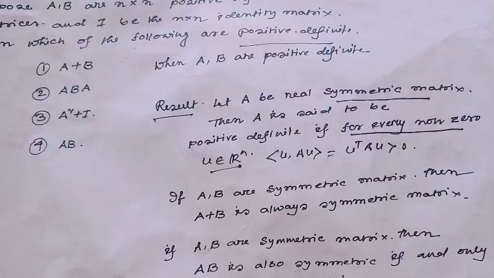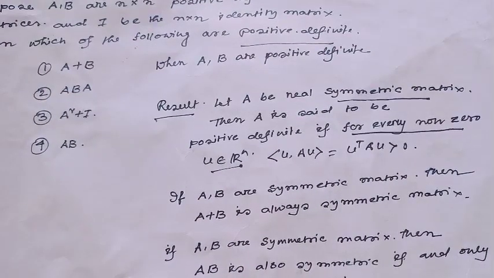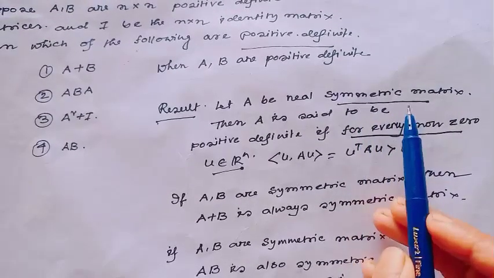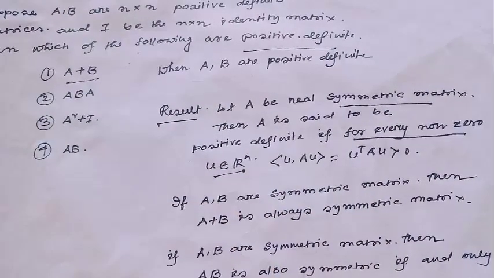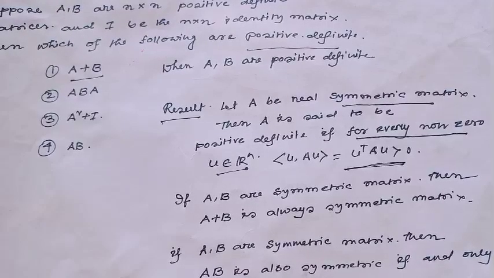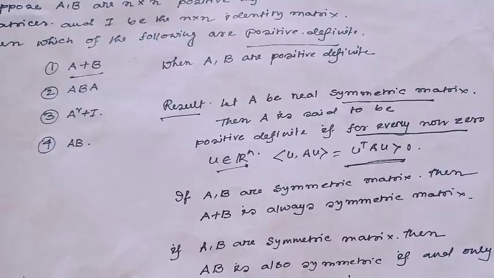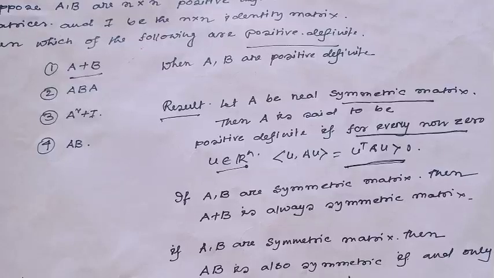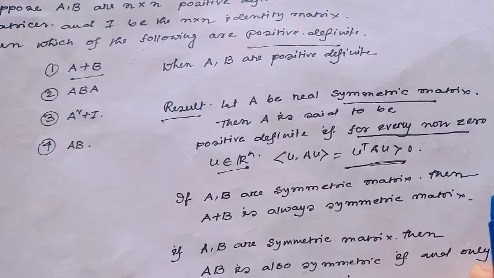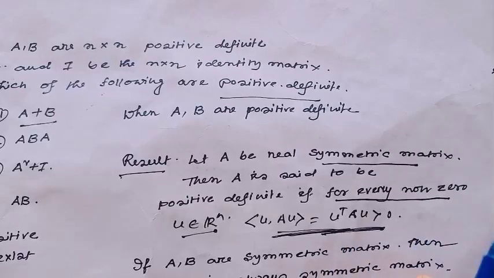Here the given matrix is A plus B, so first we have to verify that A plus B is a symmetric matrix, then we can apply this definition. If A and B are symmetric matrices, then their sum is always a symmetric matrix. Now we can apply this theorem.